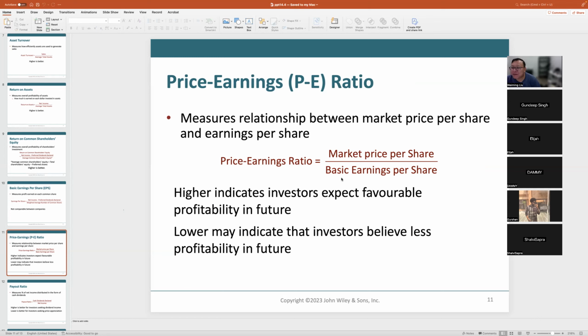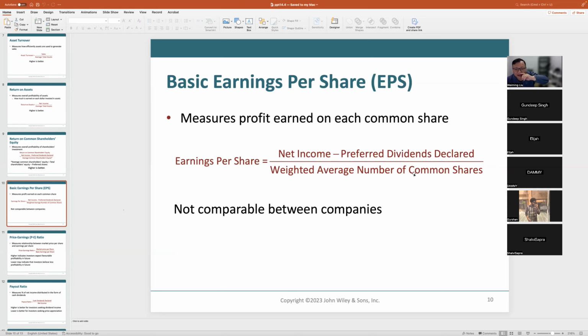If I calculate basic earnings per share as $1, then $10 divided by $1 is 10. So the price earnings ratio would be 10. The market price can be found on the stock market, and the basic earnings per share can be calculated like this.